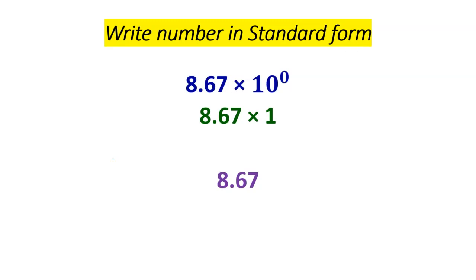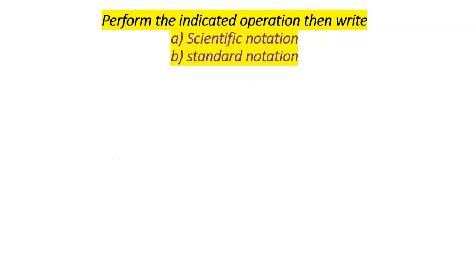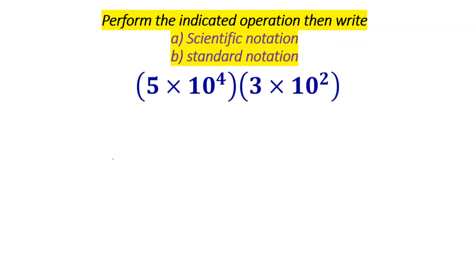Let's do some calculation now. We will write the number in scientific notation, and also in standard notation, after we perform the operation. Here we are multiplying 5 times 10 to the power 4 and 3 times 10 to the power 2. Let's rewrite this problem, removing the parentheses.